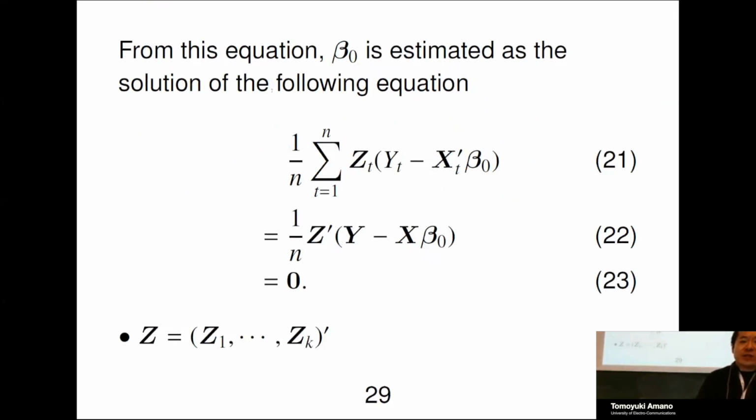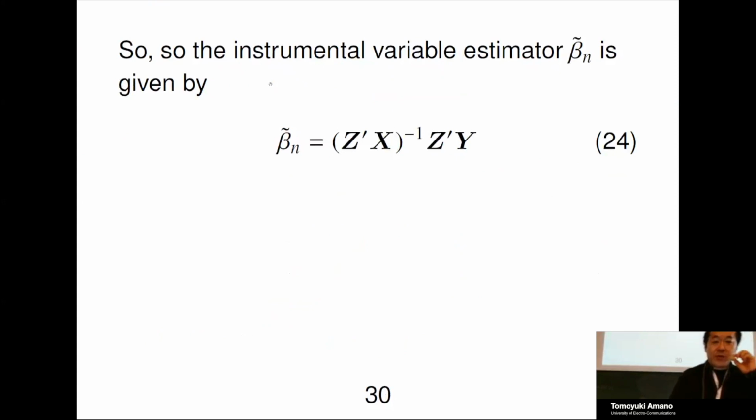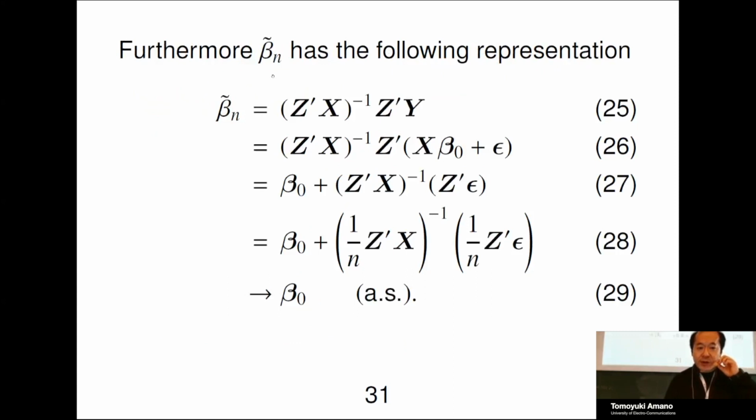So from this equation, the parameter beta 0 is estimated by this, where this large F is given by this, and so the instrument variable estimator is given by this.